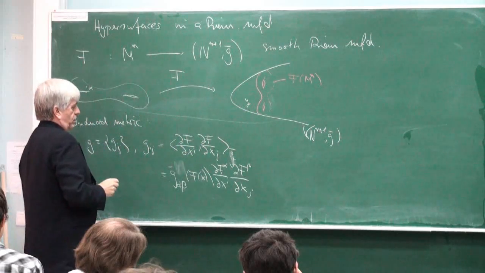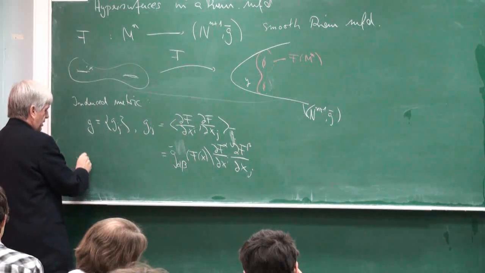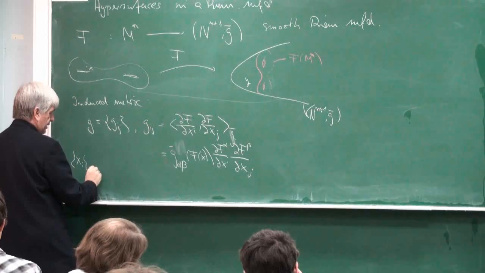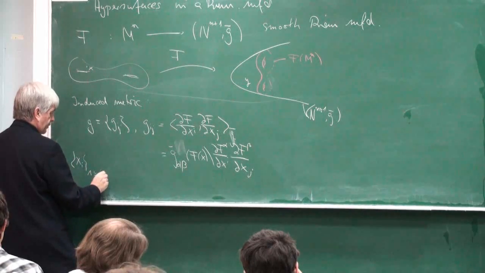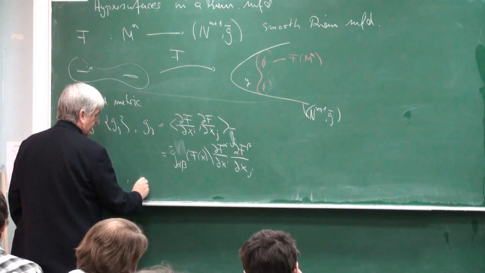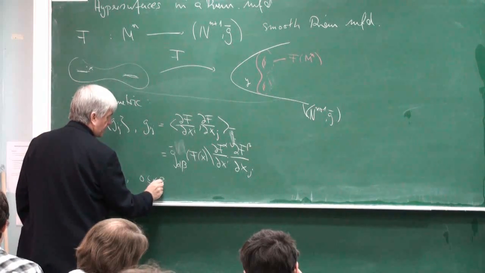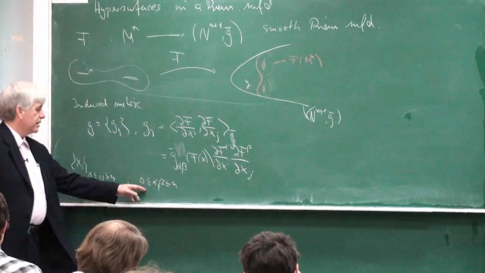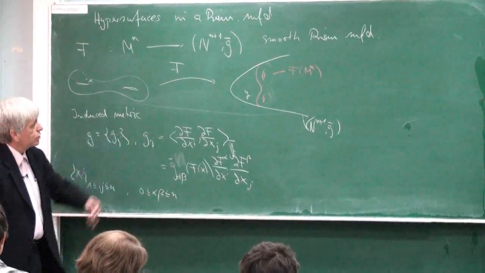Here i runs between 1 and n, and alpha, beta run between 0 and n, where 0 is the normal direction to the hypersurface.